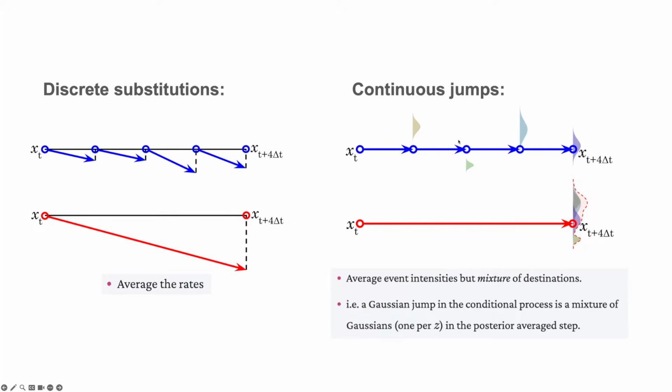So when you have jumps in continuous space, your average winds up being a mixture over the target distributions that you can jump to. And so that's generator matching with some heuristic arguments for how to reason about what this average will look like in a nutshell.